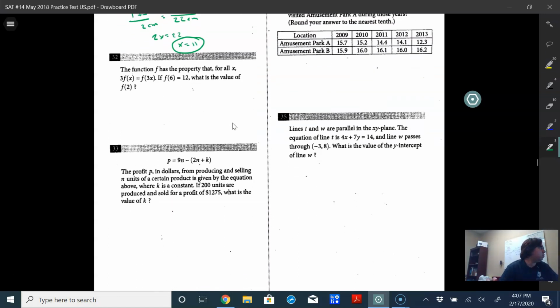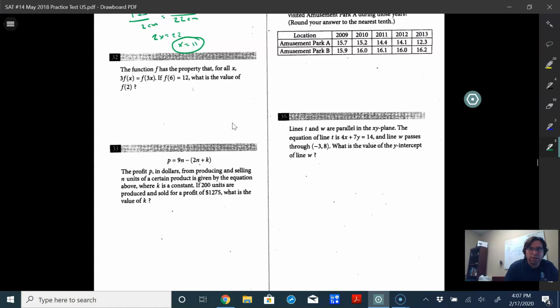All right, let's look at number 32 here. 32 says the function f has a property for all of x that 3 times f of x equals f of 3x. So if f of 6 equals 12, okay, what is f of 2? Alrighty here.